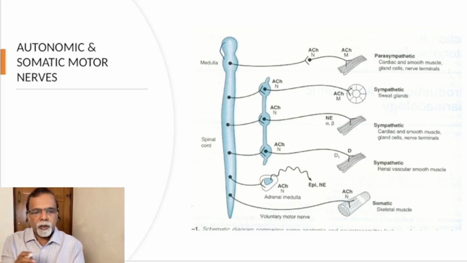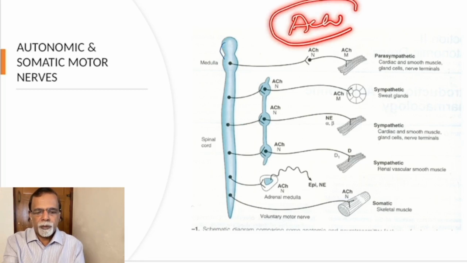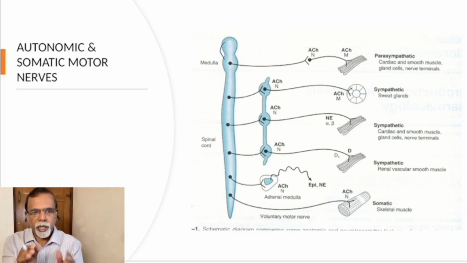Sweating is by cholinergic sympathetics. That is, the sympathetic nerves are supplying the sweat glands, but the neurotransmitter is acetylcholine. Hope it is clear to you. That is all the preganglionic, sympathetic versus parasympathetic, the neurotransmitter is acetylcholine.